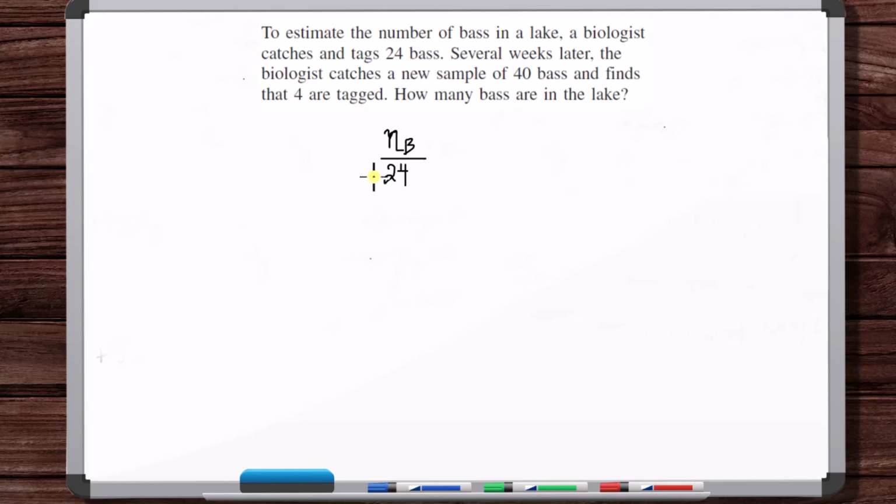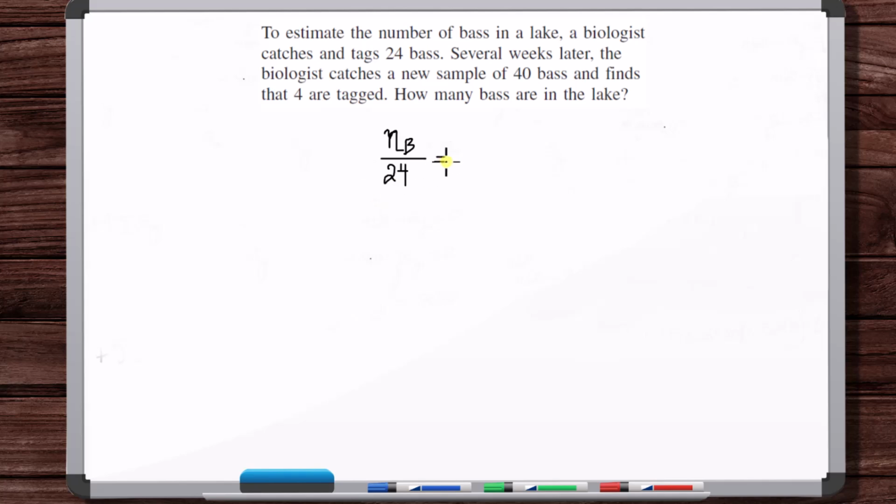And so the idea is she catches another sample of 40 bass several weeks later. She comes back and all the bass are spread out evenly. She didn't come back 5 minutes later at that same spot and catch the bass. Several weeks later, they're randomly distributed now. And so she just catches a random sample of 40 bass.